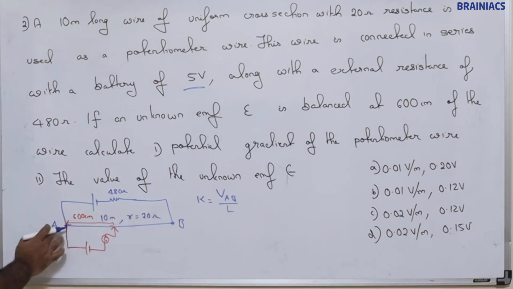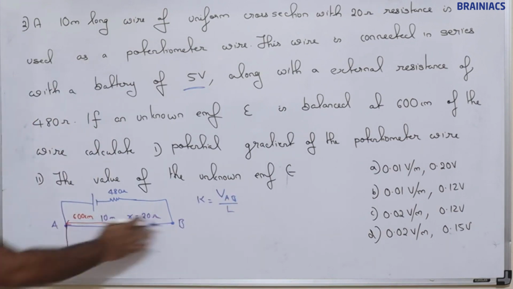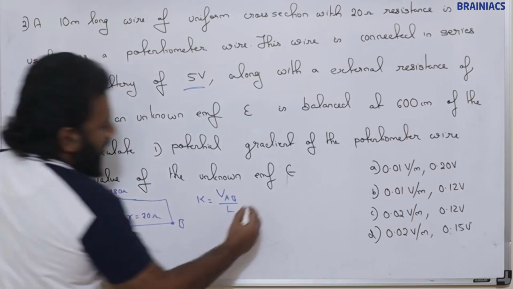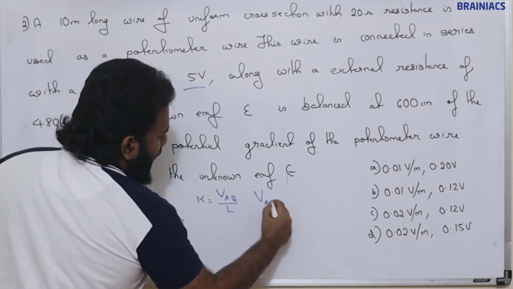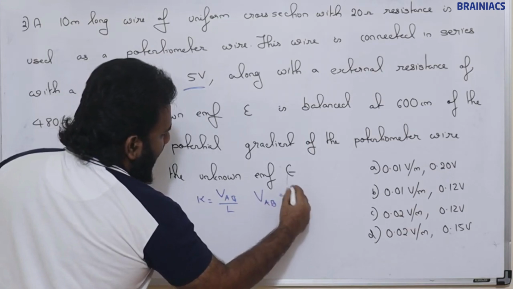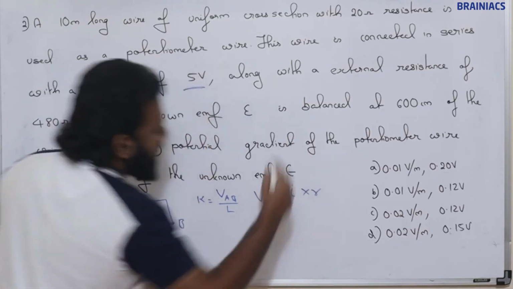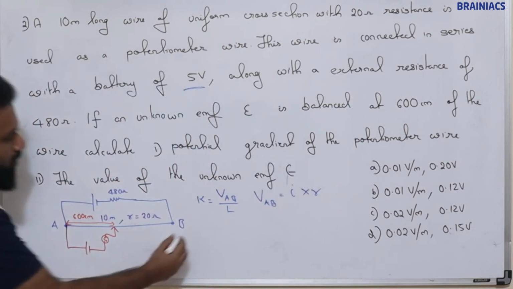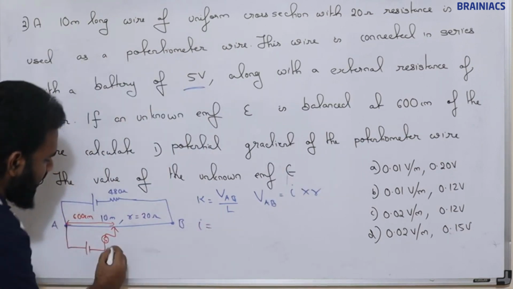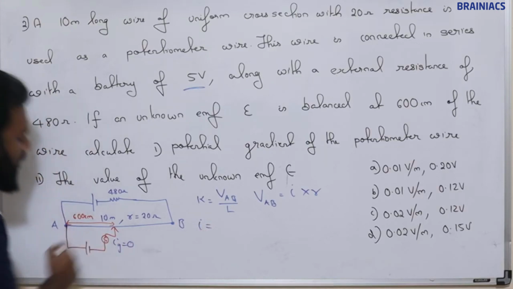VAB, the potential difference in the AB wire, we do not know. So VAB is nothing but the current passing through this into its resistance R. So what about I? This current IG is anyway 0.